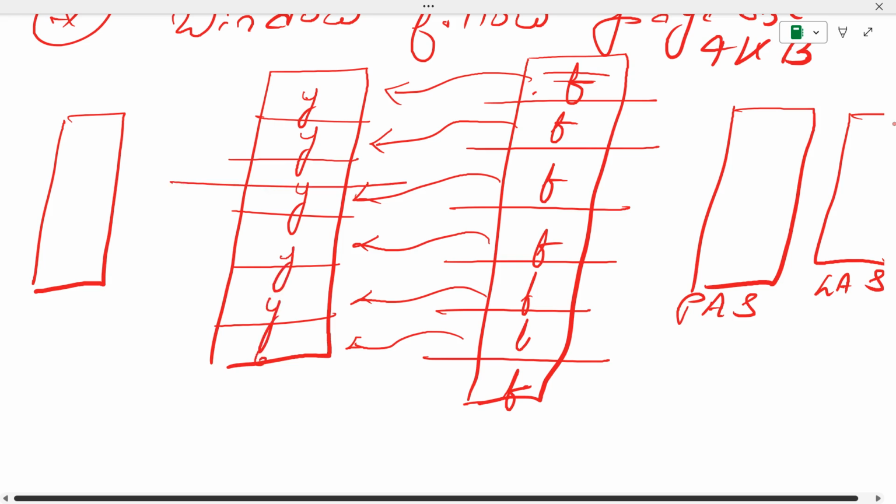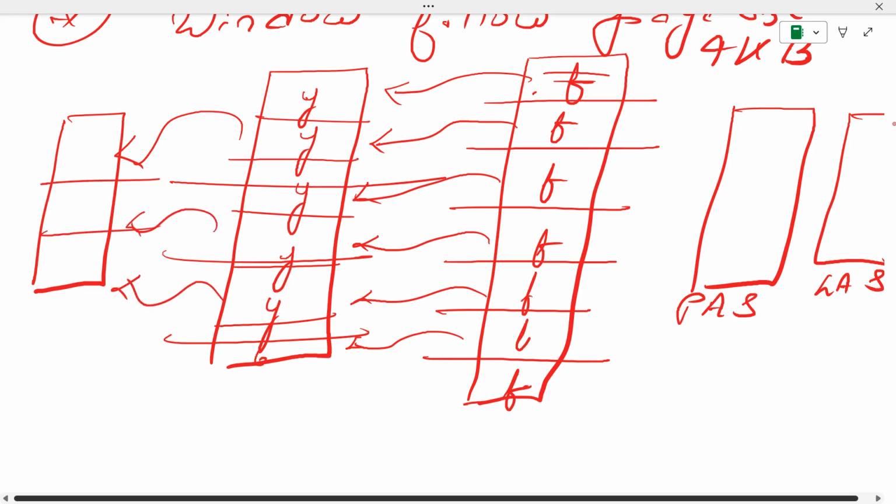Again, if we are applying paging onto this, then for each of them, we are having this entry, and it contains the base address of this. So if we say that this is the first level of page table, this is the second level of page table, and this is the third level of page table. So in this way, the number of bits of X is equal to the number of bits in Y is equal to the number of bits in F.